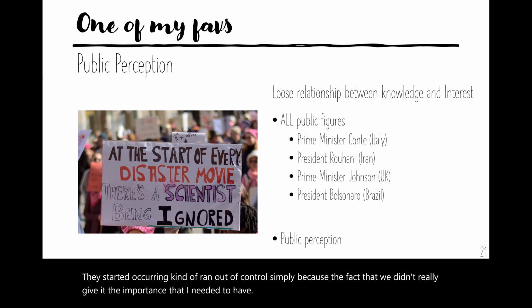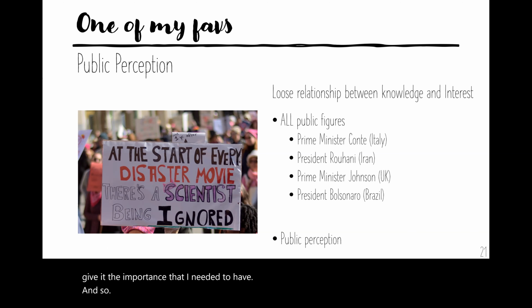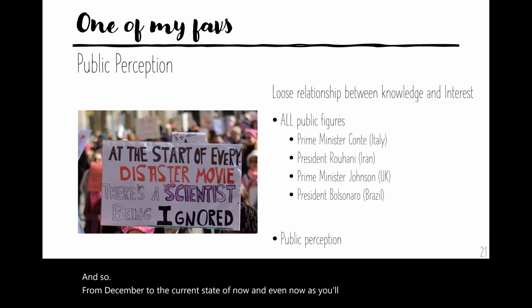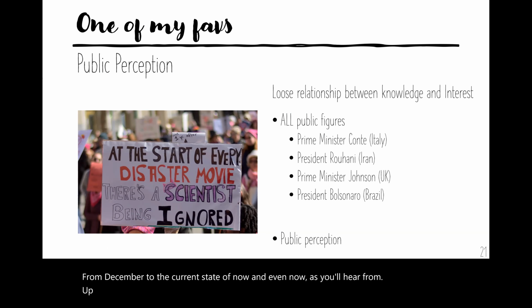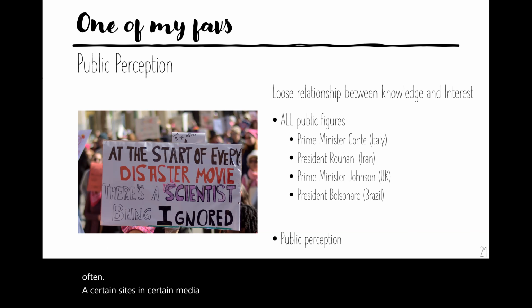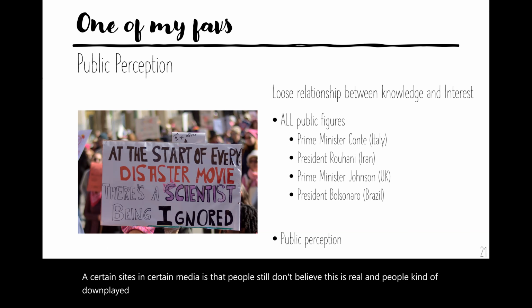And so from December to the current state of now, and even now, as you'll hear from certain sites and certain media, people still don't believe this is real, and people downplayed it, and everybody believed that it was going to be small, that it was going to be under control.